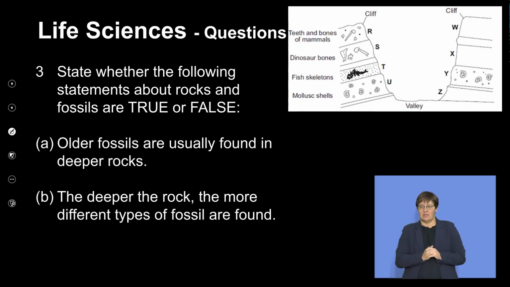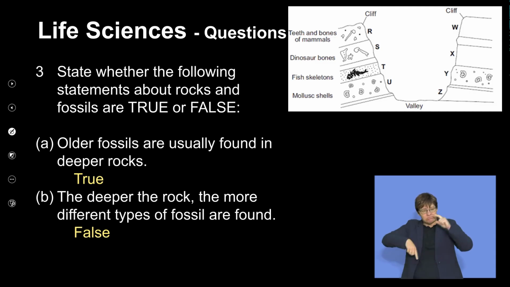Okay, next question. State whether the following statements are true or false. First one, older fossils in deeper rocks. I would say that's a good bet. True. Second one, the deeper the rock, the more different types of fossils.